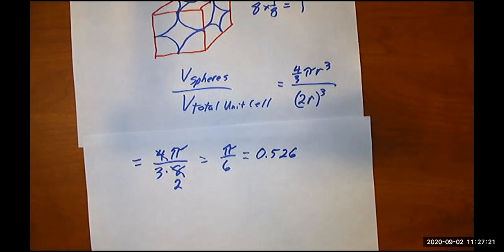We have a packing efficiency of 0.526. General idea makes some sense? Okay. Anything else?